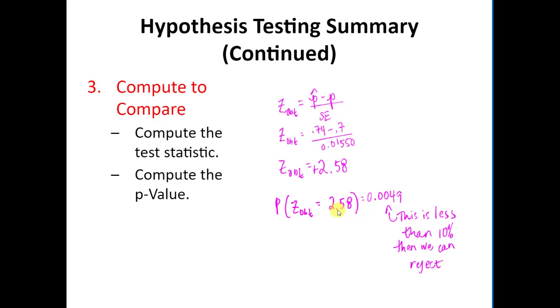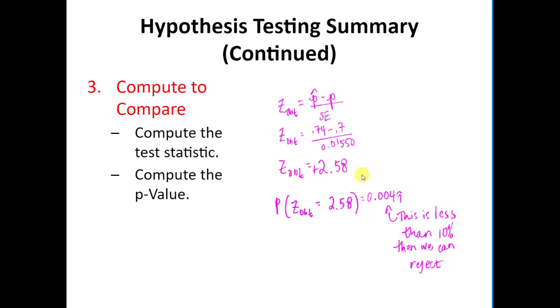And then the compare phase is we're going to compare these two values that we computed to our ZCrit and to our alpha. Our ZCrit was positive 1.282. And since 2.58 is more than that, that is telling us that we are in the area of rejection and we can reject.